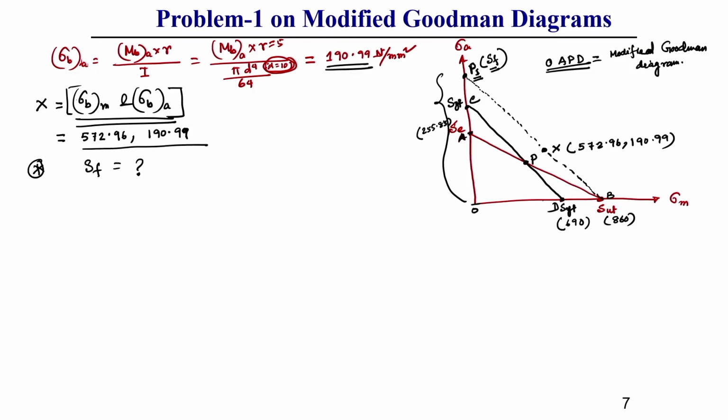How can we find SF? For finding SF, we can take two different triangles. Let us consider this is X, and this point represents M. I am using a different color, that will be better.